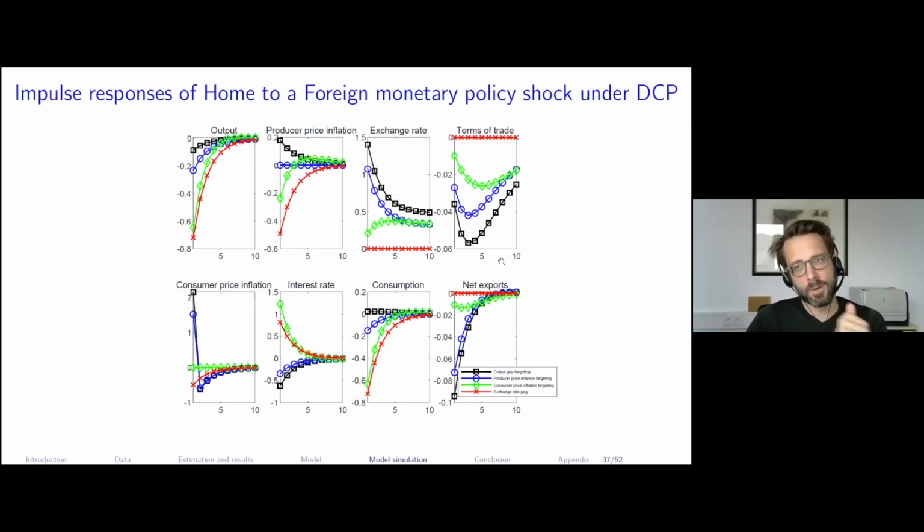And now let's look at the same scenario under DCP. And I told you it looks the same. Here's a fourth line, which makes this a bit messy. So what's this fourth line? That is output gap targeting. And we include this output gap targeting here to make the point that in principle, of course, monetary policy can stabilize the output gap if it adjusts interest rates accordingly, if it lowers interest rates.